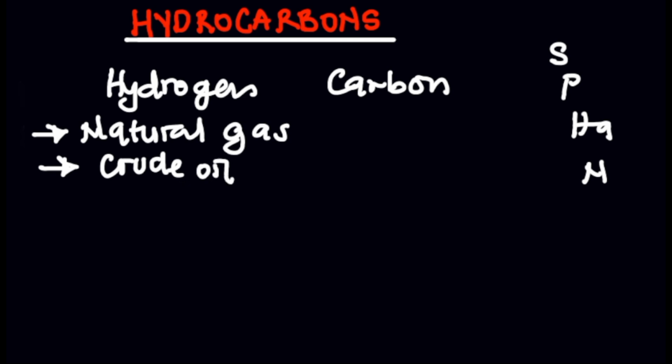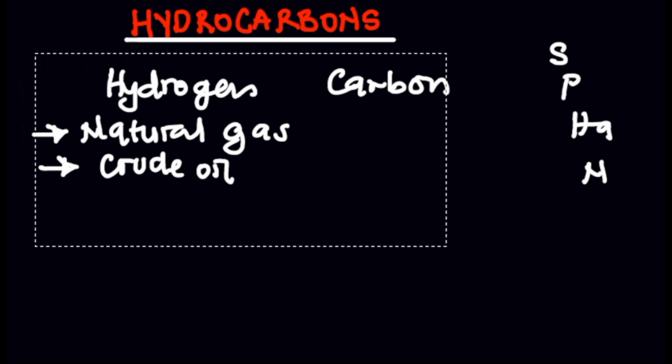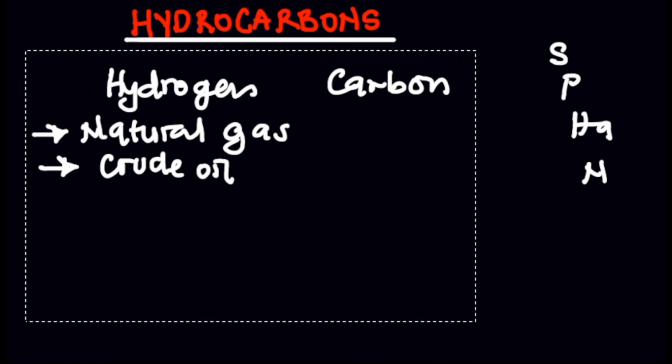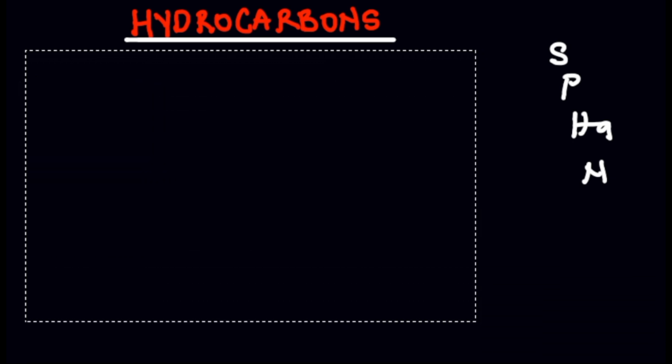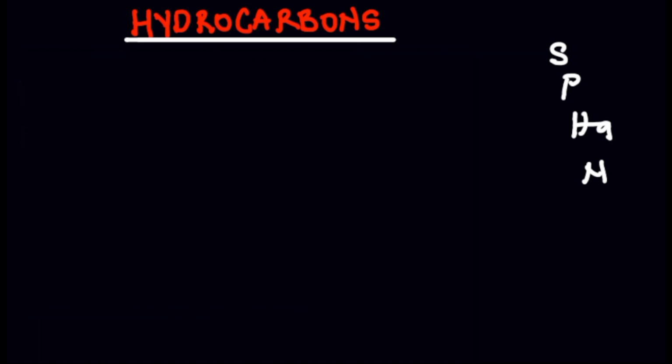From there, let's talk about the classifications of hydrocarbon, because it's very important for us to understand how hydrocarbons are classified. We are going to classify hydrocarbon based on the type of bond present in its structure, based on the three families of hydrocarbon, and based on the two types of compound that we have: the aliphatic compound and the aromatic compound.